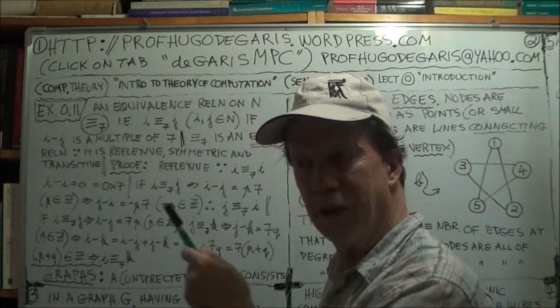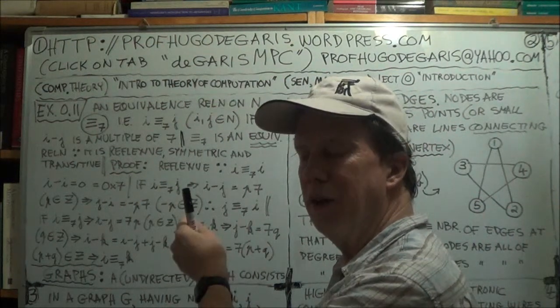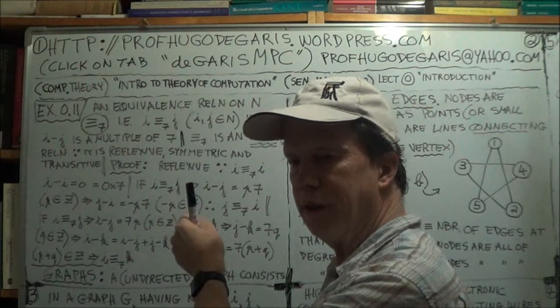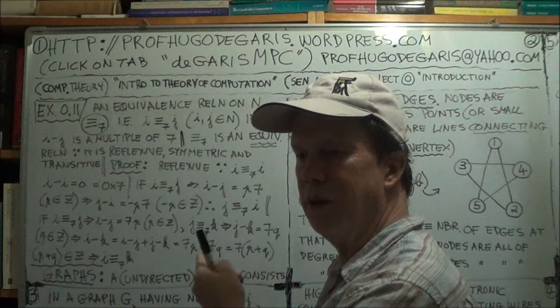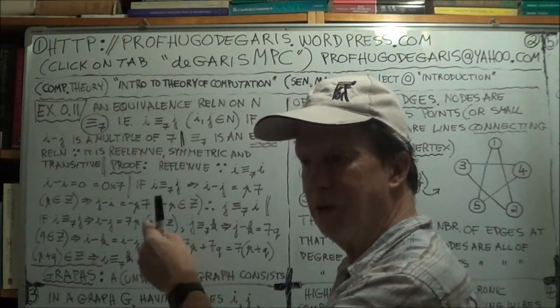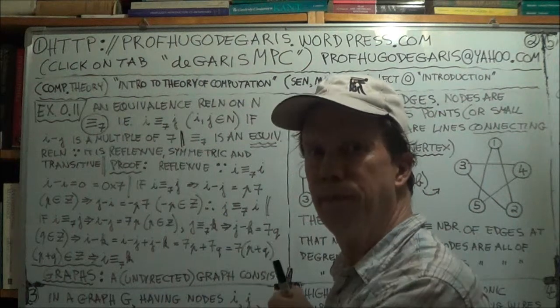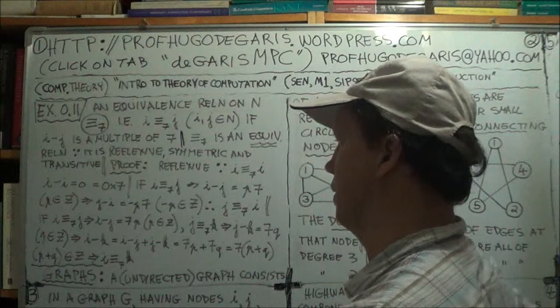Okay, let's say it again. If i R j and if j R k, then that R is transitive if i R k. Right? So we have to show that this is transitive now. All right.